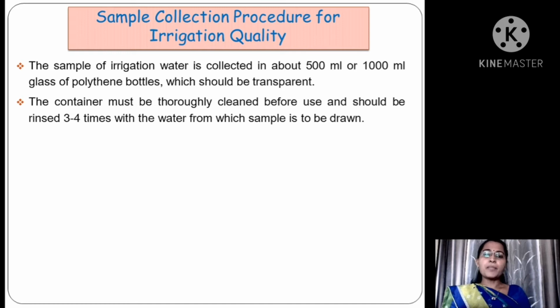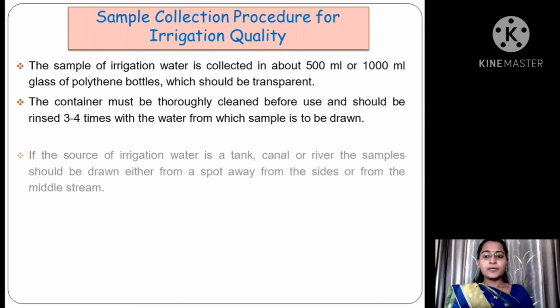The container must be thoroughly cleaned before use and should be rinsed 3 to 4 times with the water from which the sample is to be drawn. Whatever sample we collect, clean the bottles with the same sample before collecting it.